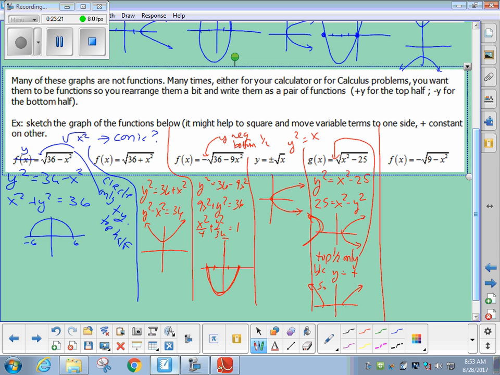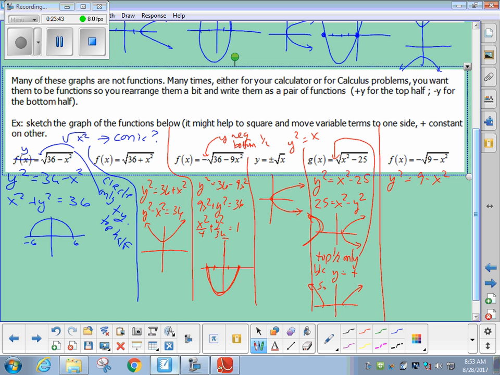Hyperbola. Everybody else agree, disagree? Shout out any other answers if you disagree. Circle. Okay. Any others? Okay. So to decide, I don't look at this form and know. So I square both sides. Call it y squared equals 9 minus x squared.